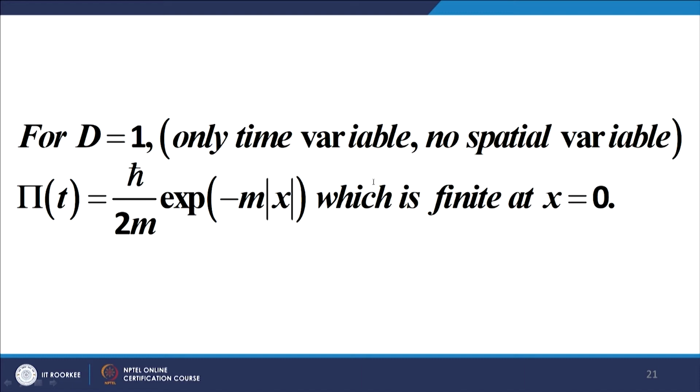Of course, for d equal to 1, when we have only the time variable, that is traditional quantum mechanics, pi of t is equal to h bar upon 2 pi exponential minus m mod x, which is finite at x equal to 0. So traditional quantum mechanics is equivalent to a 0 plus 1 dimensional quantum field theory. The issue of divergences in the propagator does not arise.